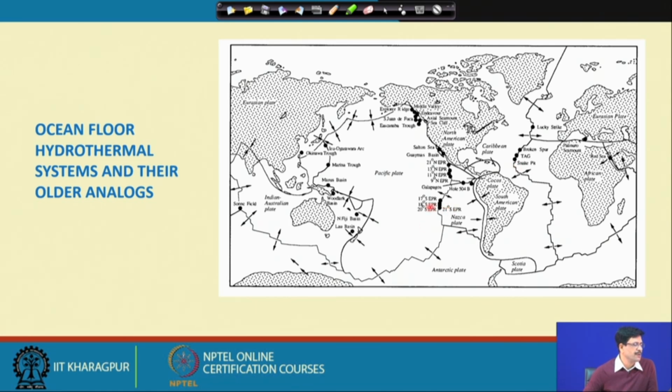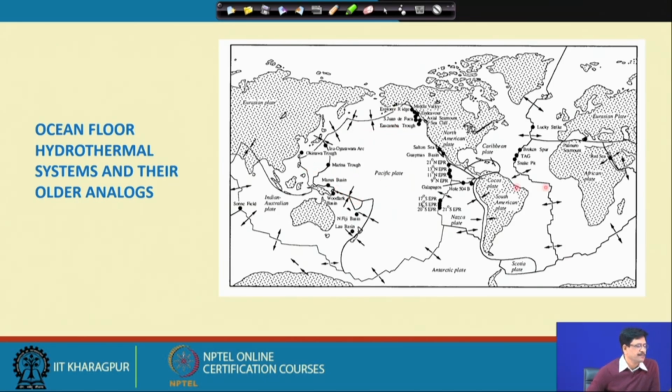then the 21 degree East Pacific Rise, and this is a geothermal system, Salton Sea, the Guaymas Basin geothermal system, and there are many like this associated with back arcs, for example the Lau Basin here.